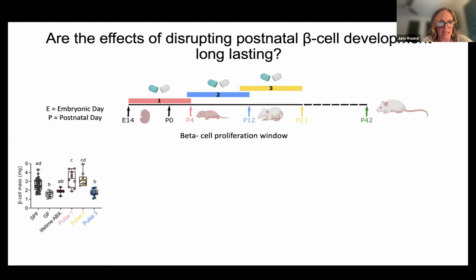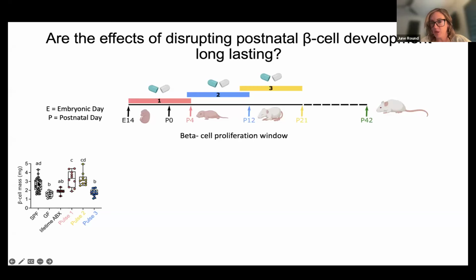So germ-free animals have significantly reduced beta cell mass. If we look at animals that received antibiotics throughout their life, they look very similar to germ-free mice. And if animals received just 10 days of antibiotics in embryonic day 14 to P4, or in that second pulse window, which is postnatal day 4 to P12, they look very similar to SPF mice.